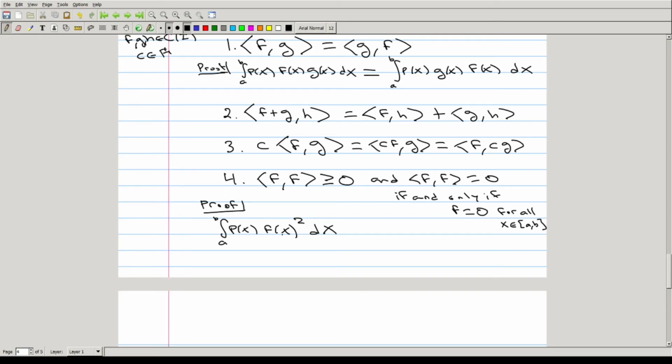F of x is not necessarily positive, but f of x squared will always be a positive function. So this integral will always be greater than or equal to 0. The integral of a positive function will always be greater than or equal to 0, unless f of x is identically equal to the 0 function for all x in the interval from a to b, because we're assuming that our weight function p of x is a positive function.